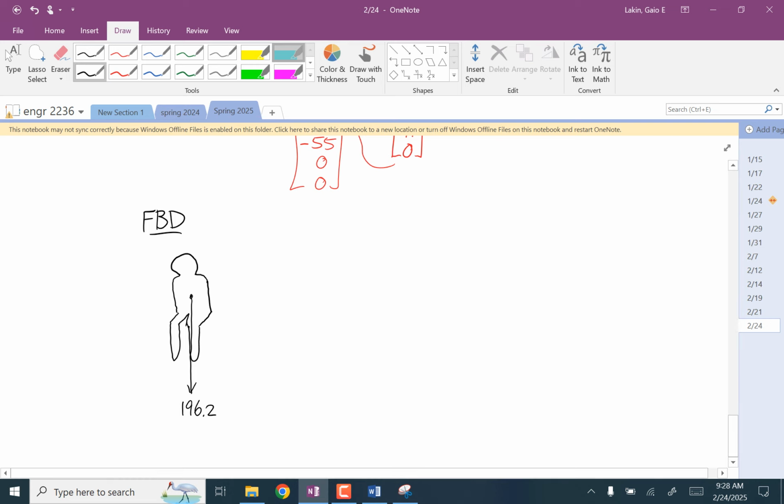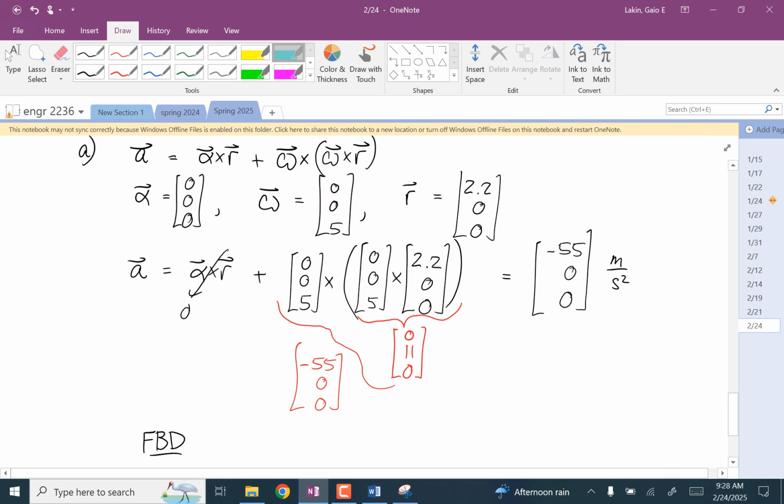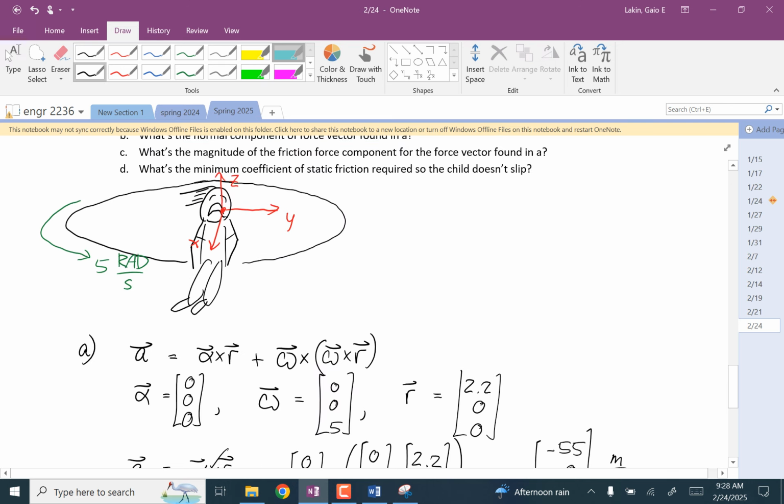And then there's a normal force up. And then there's a friction force that can have X and Y components. The friction force has to be in the plane of the surface.